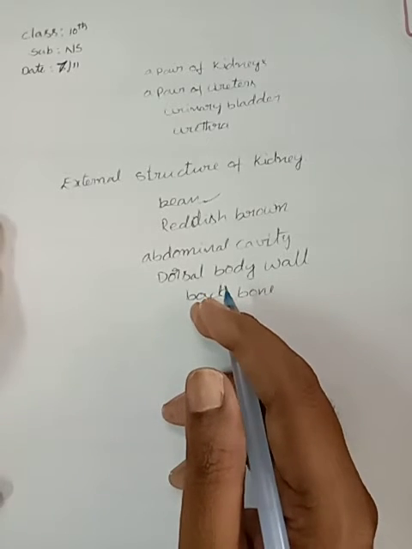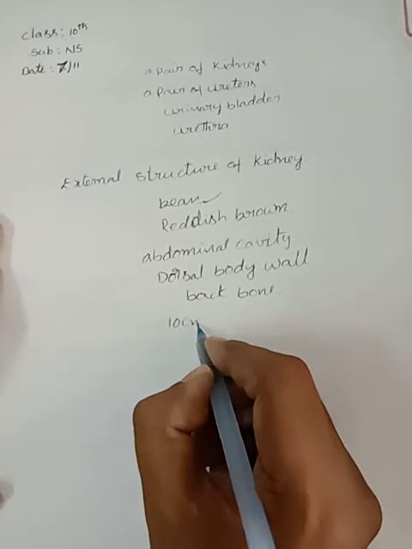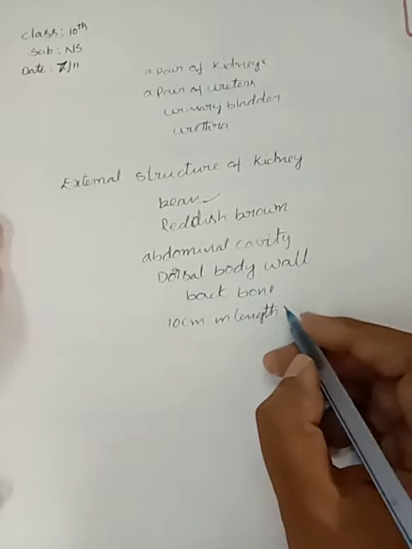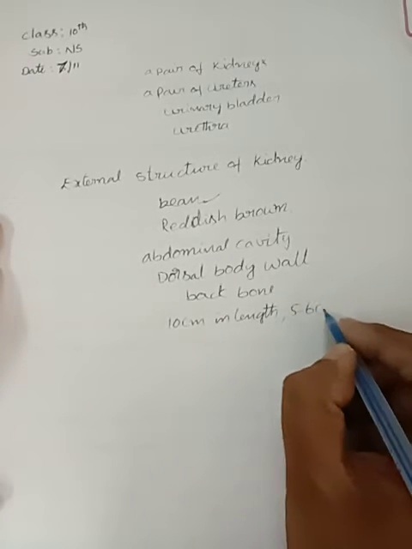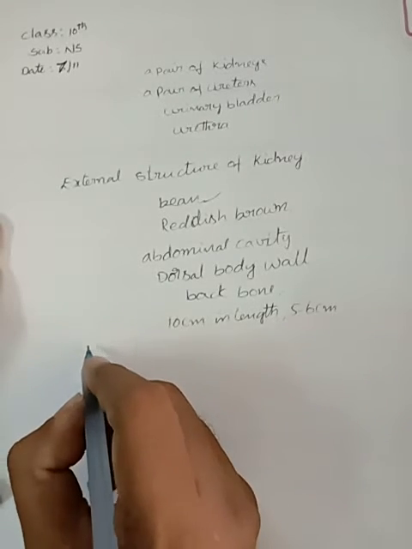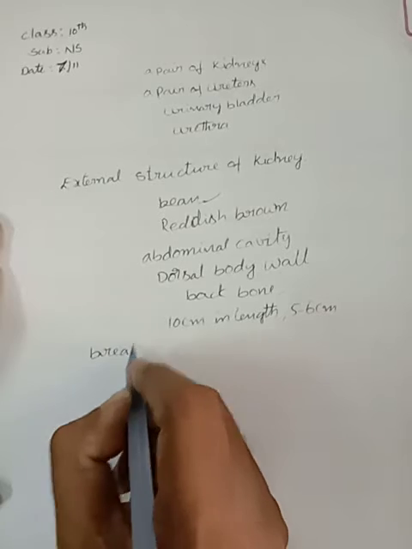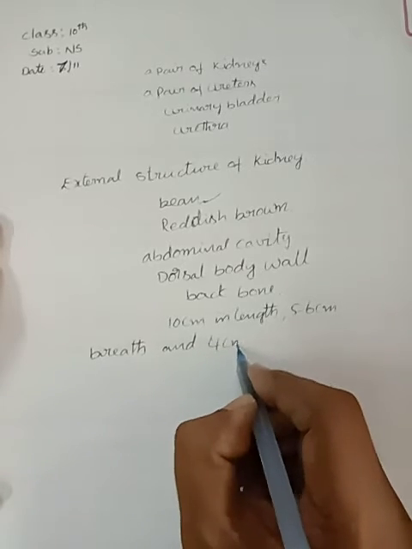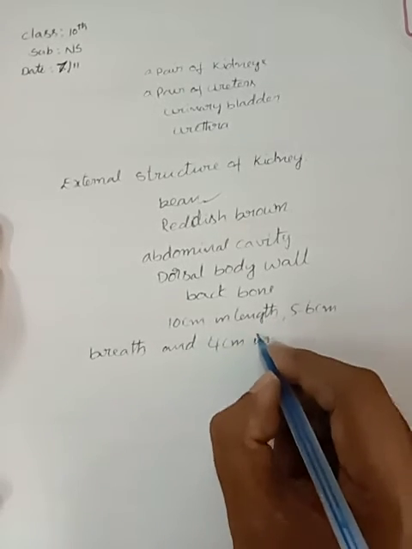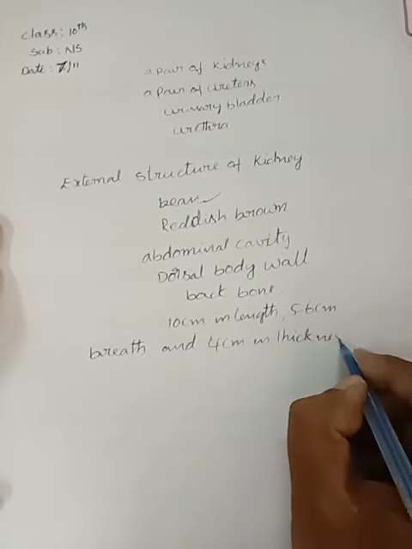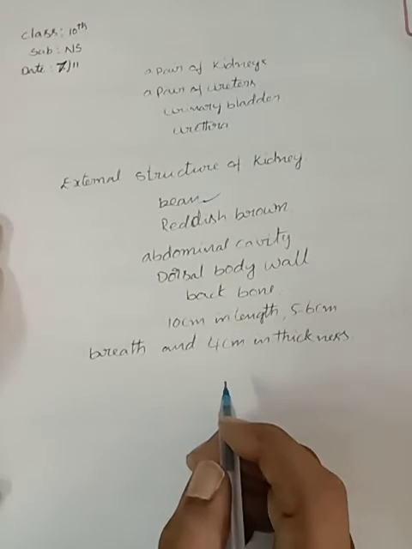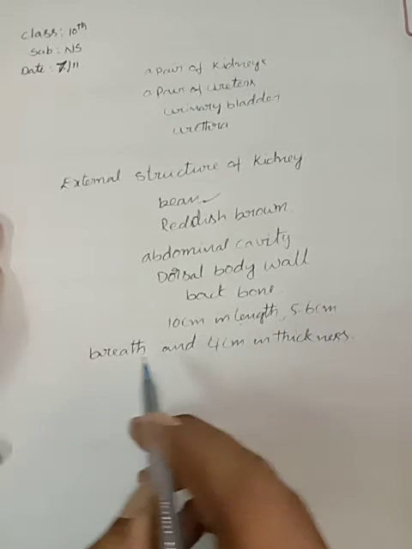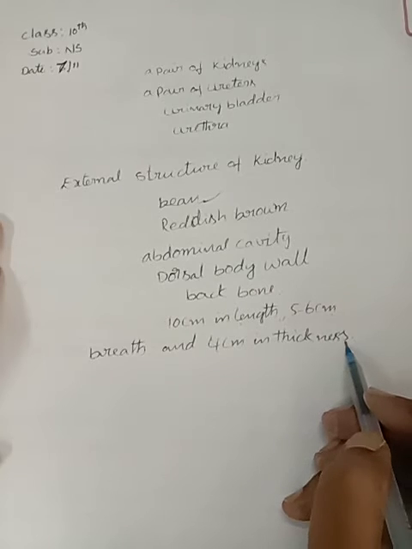Okay, children, the size of the kidney is 10 centimeters in length, 5 to 6 centimeters in breadth, and 4 centimeters in thickness.